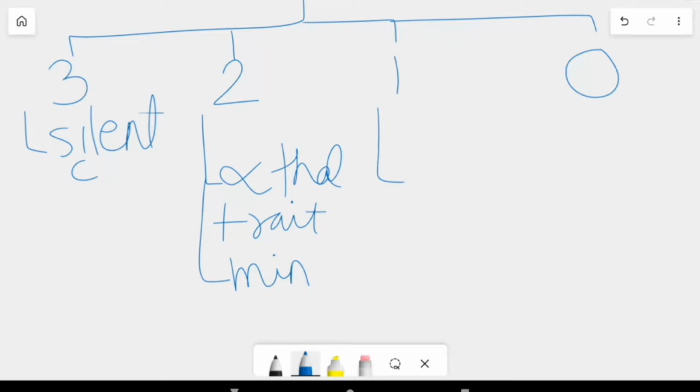Then we'll move on to 1 gene present. If there's only 1 gene which codes for alpha globin, the condition is also called HbH condition, hemoglobin H condition. Now the load on the gene is further increasing, so this person will be moderately anemic.